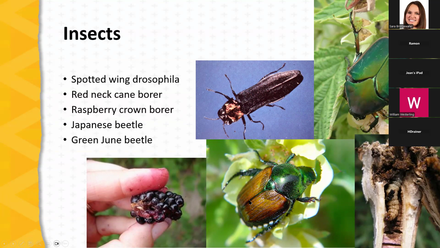You have here in the bottom picture the Japanese beetle. You have the other beetle, the green June beetle, on top right. You have the red-necked cane borer. You have this other worm that is the raspberry crown borer.